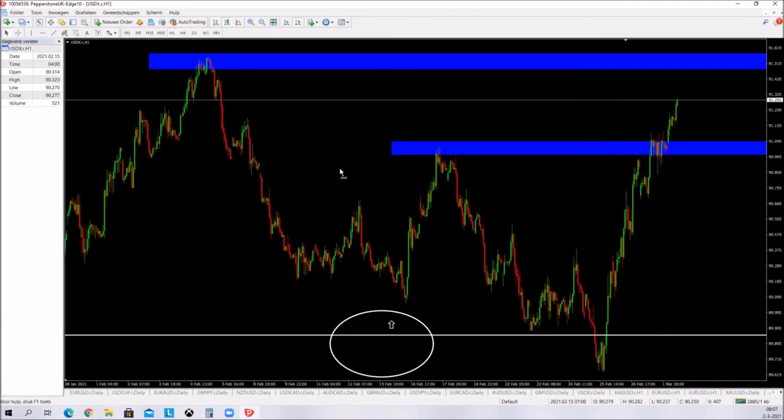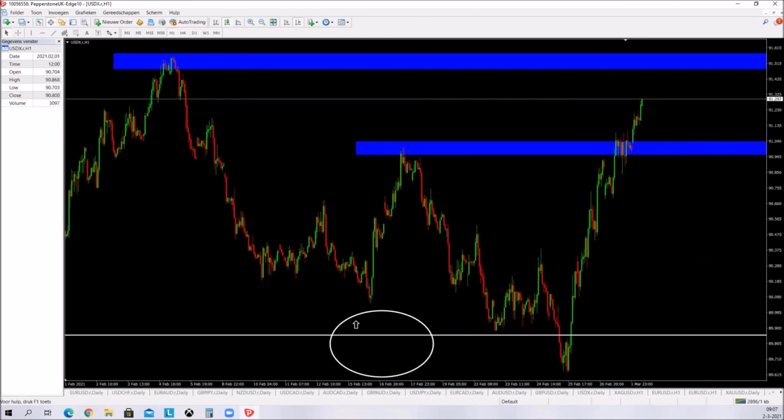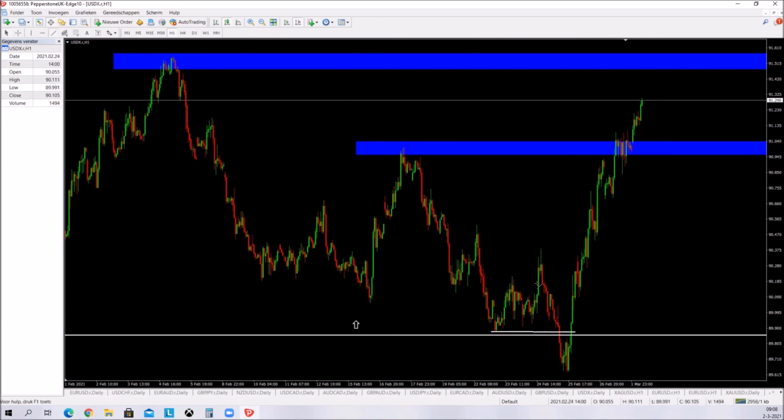What was also very, let me remove that circle. What was also very nice about this setup is that this was an accumulation range, and this was a clear spring. So this was the accumulation range, multiple lows on the hourly that didn't get broken.